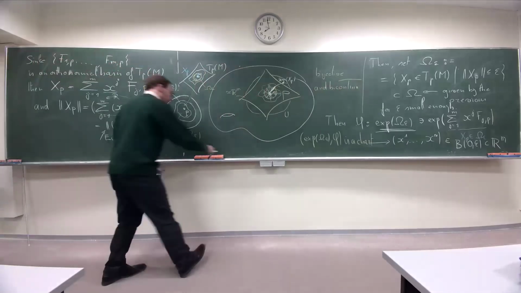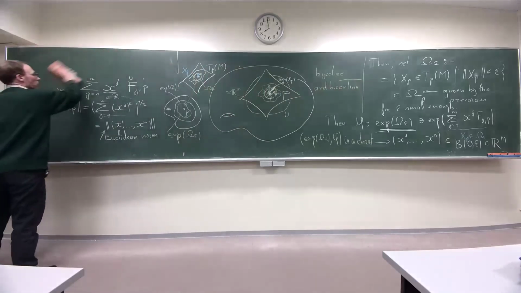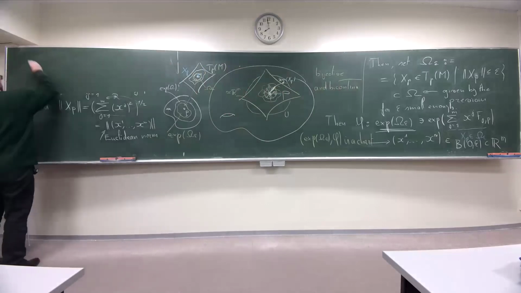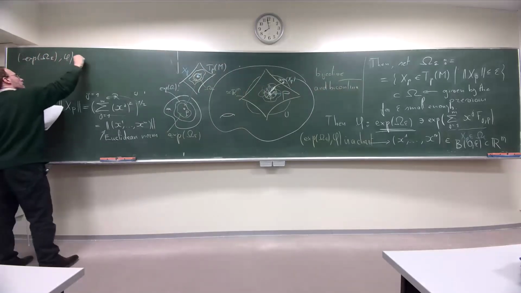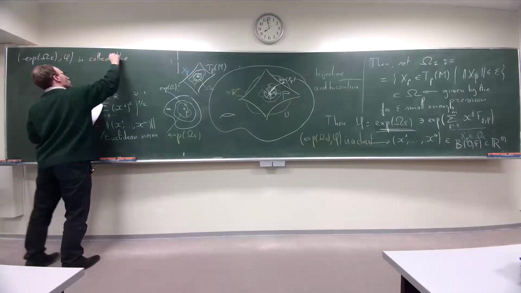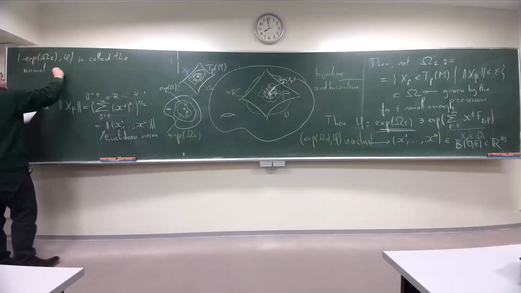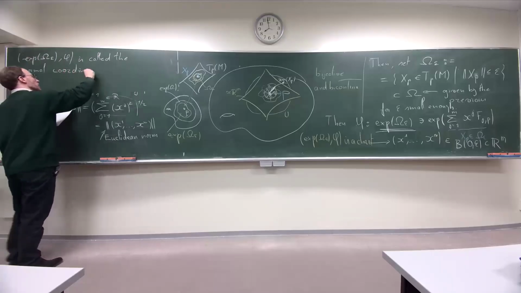And it has a special name, of course. As I already mentioned, x of omega epsilon and phi is called the normal coordinate neighborhood. I didn't use coordinate neighborhood so much.